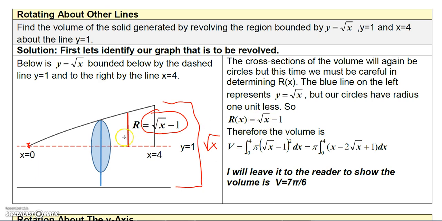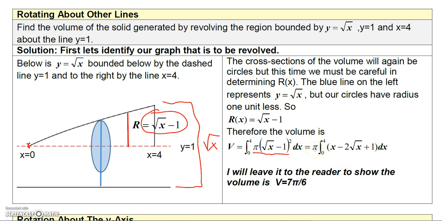We know the radius between the line y equals 1 and the graph is square root of x minus 1. So in our integral, we get pi times that radius squared. If you square that, you get x minus 2 times the square root of x plus 1, and then you integrate that from 0 to 4.